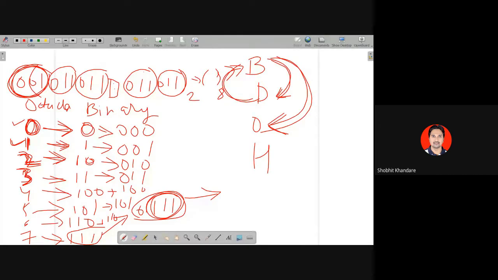Only one appending I have done in this integer part. Once that is done, after the grouping, you have to give the corresponding octal number. So here 011 corresponds to what in octal? If you see in the table, can you see here 011? It represents 3 in octal.